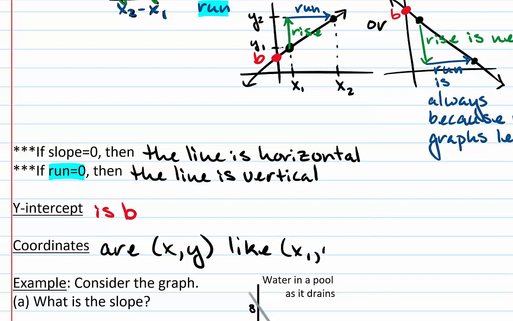It's a point on the graph, in particular this pink point. They always correspond to a point on the graph, and you have to write it like that. A very special pair of coordinates corresponds to the y-intercept. The y-intercept coordinates are 0, comma, b.